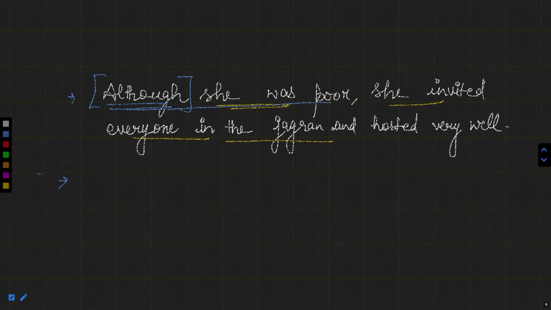Actually, this part which you are looking over here is the subordinate clause. Now we have to take this subordinate clause and shift it to the end of the sentence. It means I have to shift not only the word although, but also the entire clause along with although.